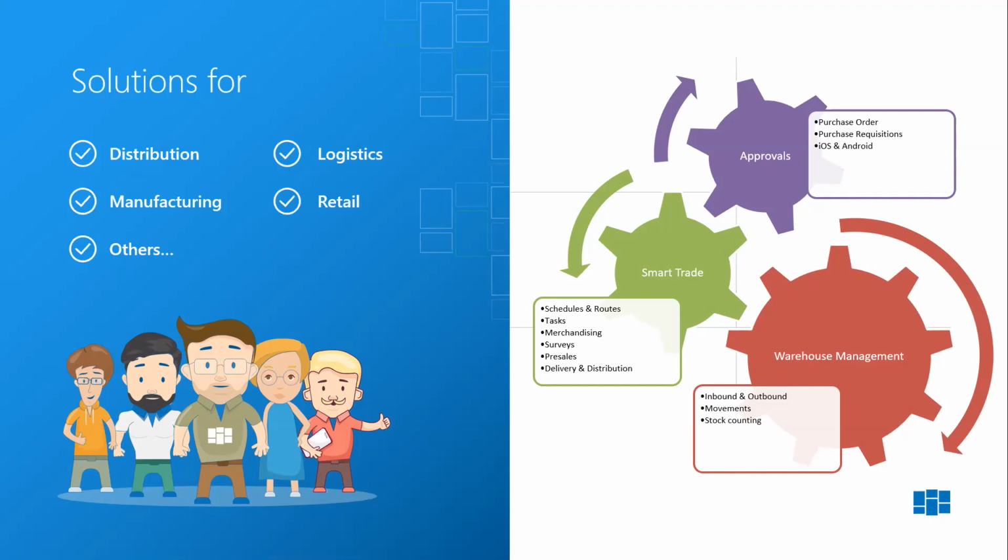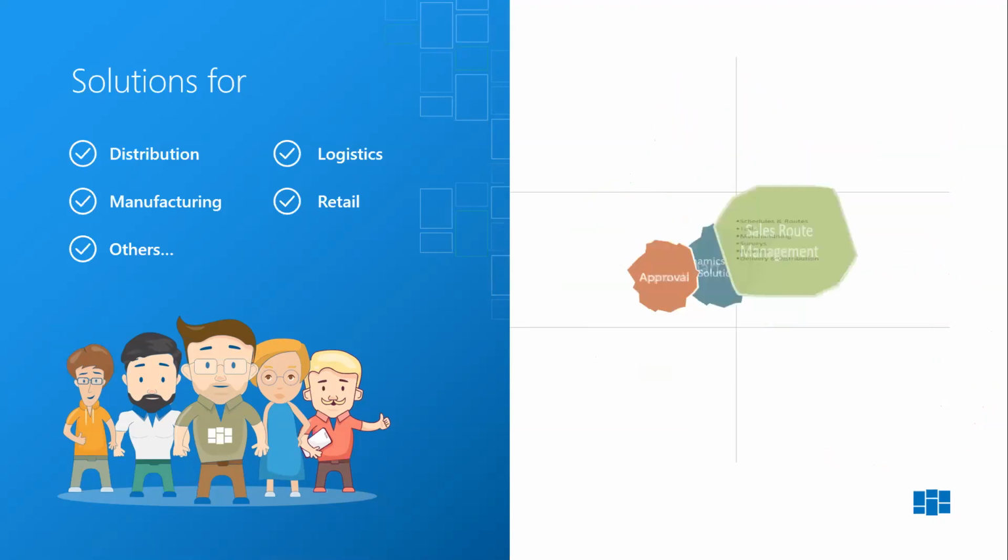The smart trade approach brings together these existing solutions like pre-sales, distribution, deliveries or van sales, and merchandising, which were a few different solutions and apps, under the umbrella of a high-level process where every channel, every activity can be planned, assigned, executed, and analyzed.